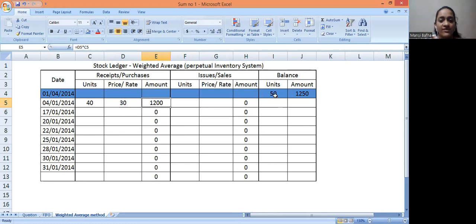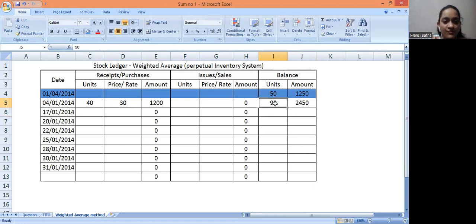So you have 50 units over here and 40 units which you have additionally purchased. So the total number of units is 90, and the total amount will be added. You will do 1250 plus 1200, which will give you 2450. So this will be your total balance.